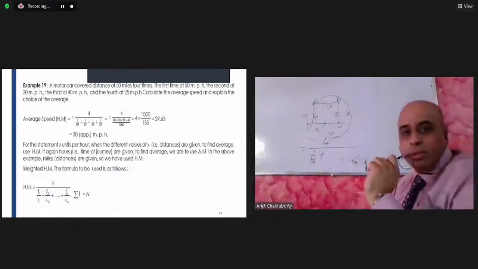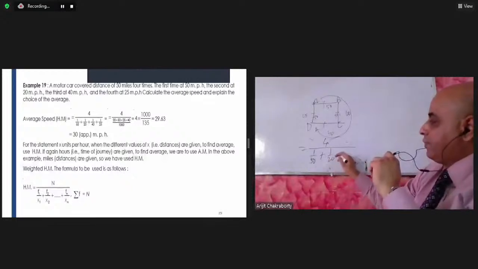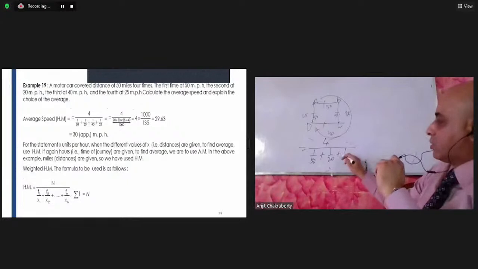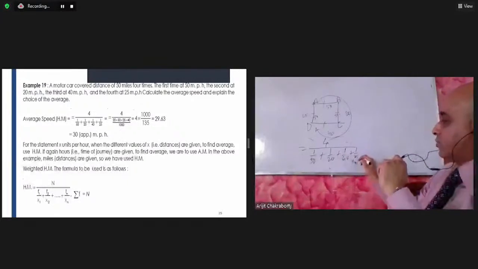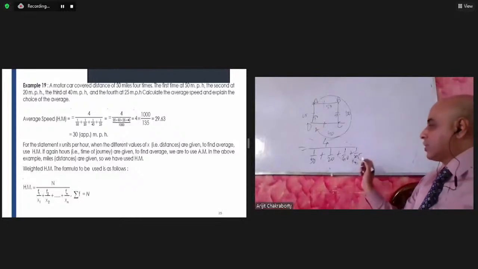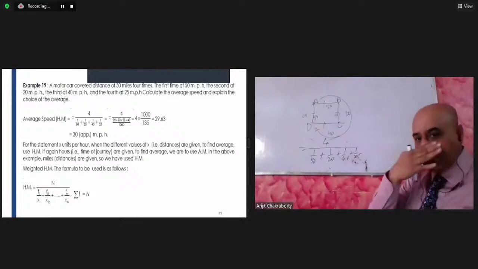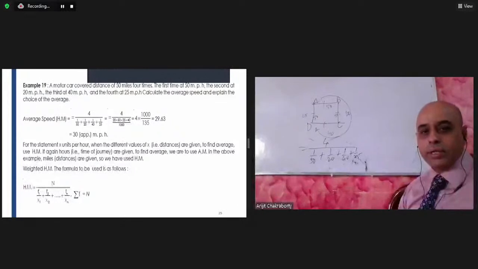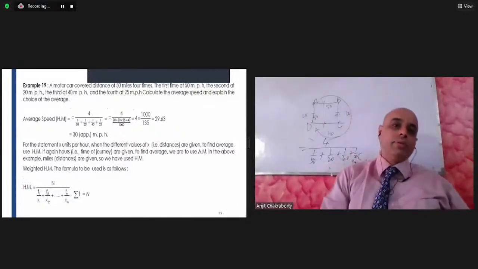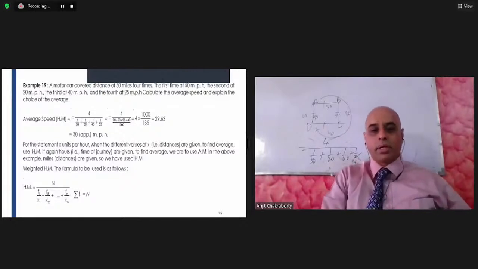Then you have 20, so I'll write 1 by 20. Then 40 miles an hour, 1 by 40. Finally, we have 1 by 25. If you find the LCM, you will get 1000. And ultimately you will get a speed of 29.63. So it can be rounded off to 30 miles per hour.